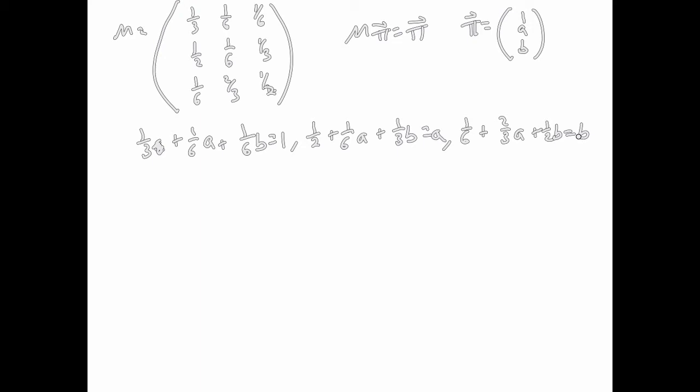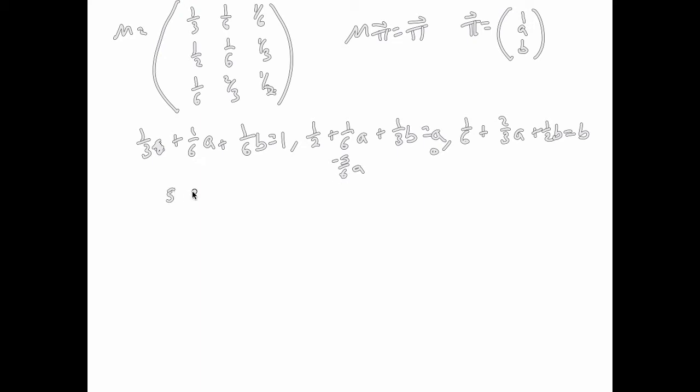Okay. To solve these simultaneously, it's not very obvious in this case, but we can try to get rid of some variables. What we're going to do is take the second equation, subtract a from both sides, which would then produce 0 over here and a negative 5/6 a. Then if we multiply the first equation by 5, we'll have 5/6 a. We'll add that to the second equation.